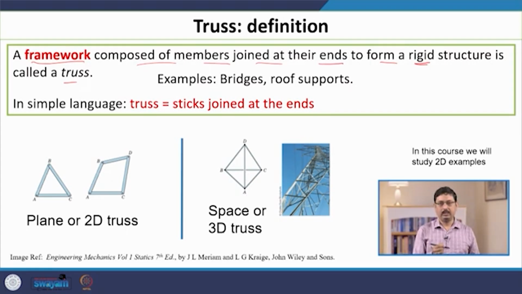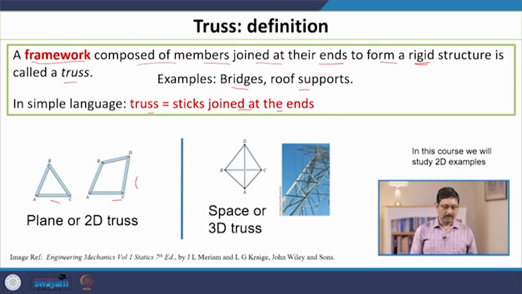Examples are, as you were shown before, the bridges and roof supports, etc. Now, in plain English, from a physics point of view, you can simply think of the truss as some sticks such as matchsticks joined at the ends. If you take some matchsticks and join them by glue at the ends, then you can build this kind of frames, and that is our toy example of a truss.